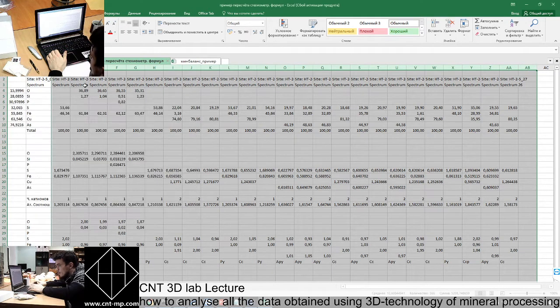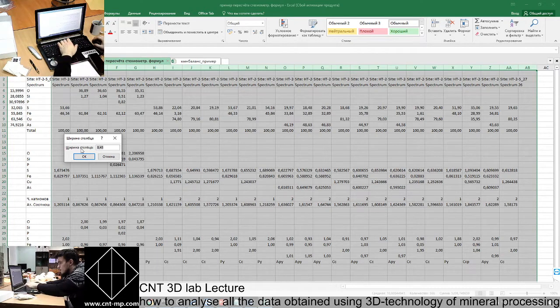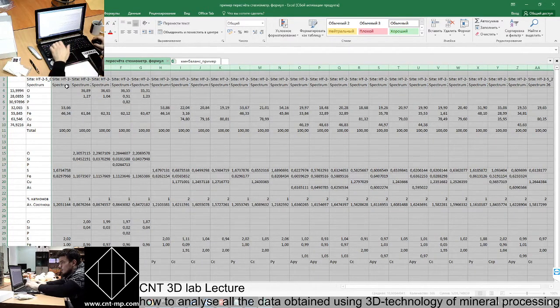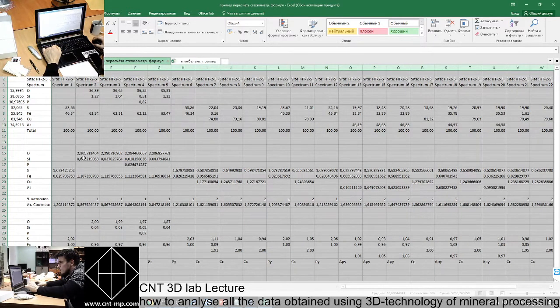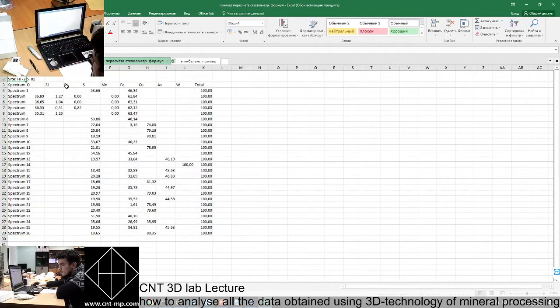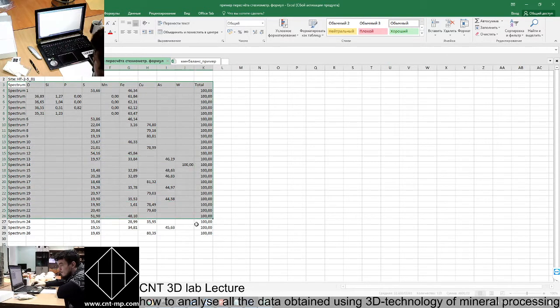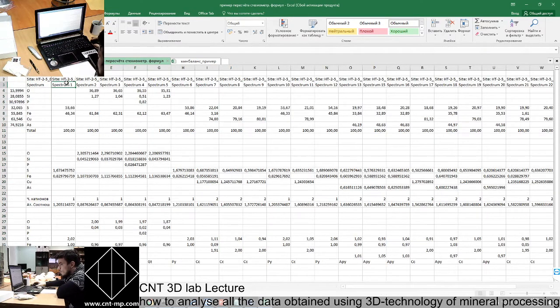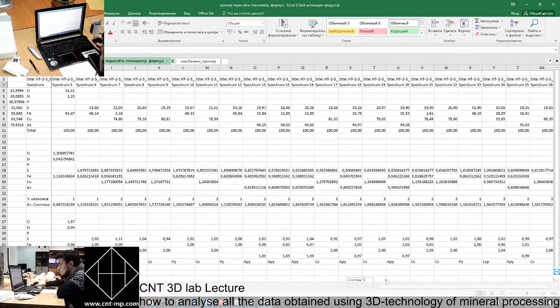Okay, that's better. So you can see this is one electron microphoto, and there are 26 separate analyses. So all of them we placed in a horizontal view.